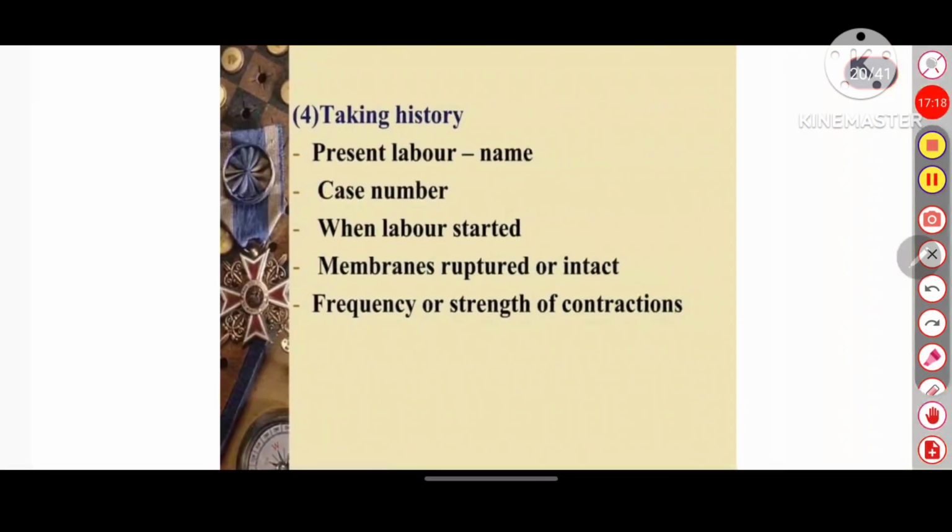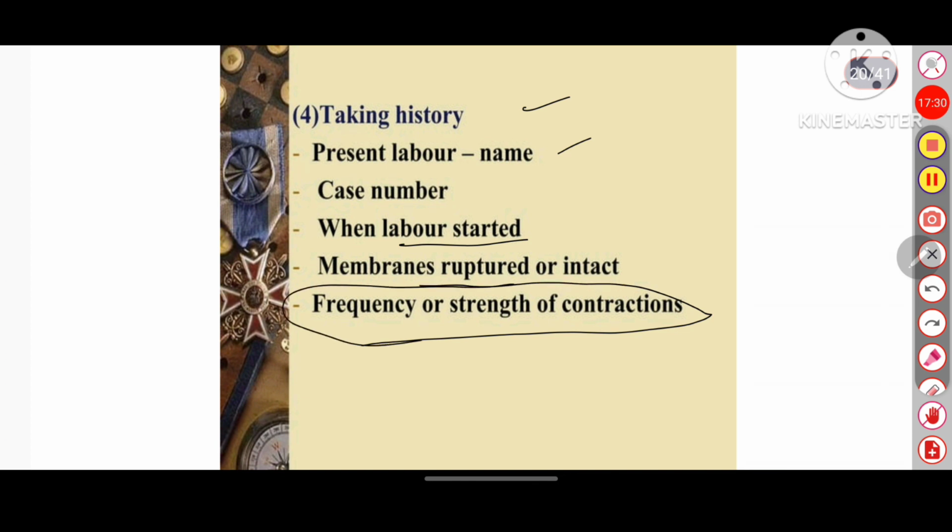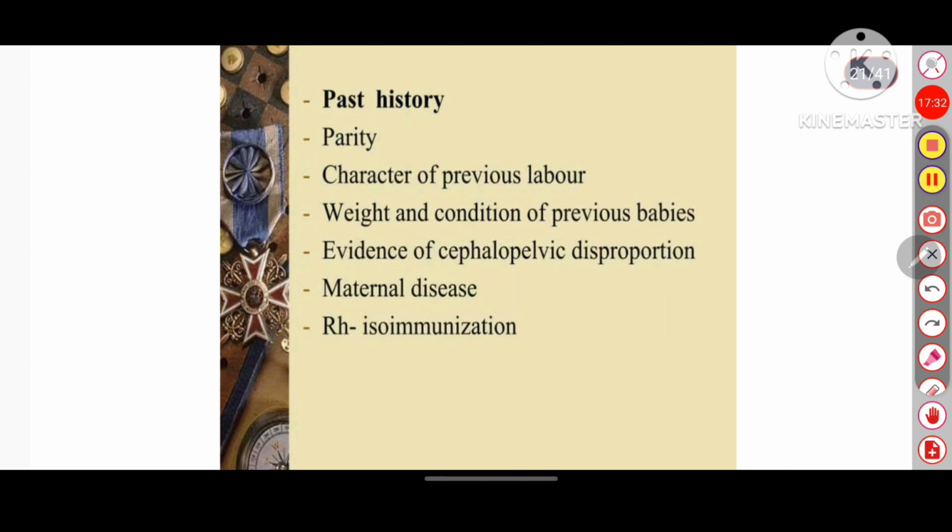And next we should mainly concentrate on taking histories, that is the present labor: name, when the labor pain started, whether the membranes are ruptured or intact, and the frequency and strength of the contractions. We also ask about the past history, such as parity and the characteristics of the previous labor, whether it was normal, cesarean, or had any other complications that arose during pregnancy or labor.